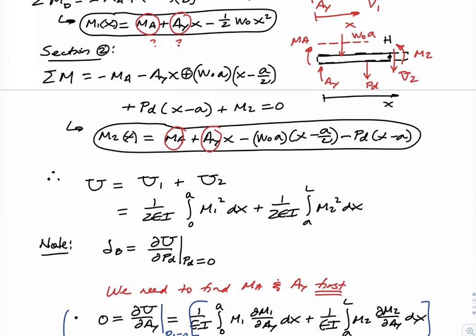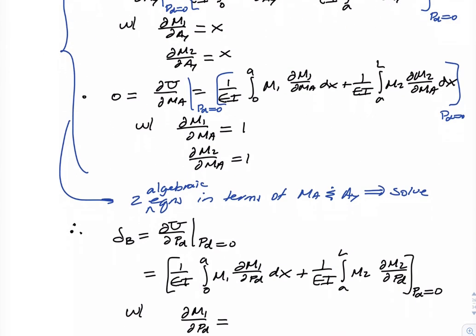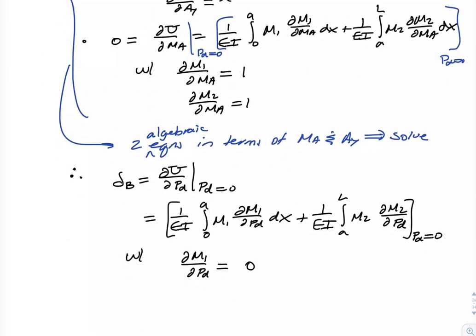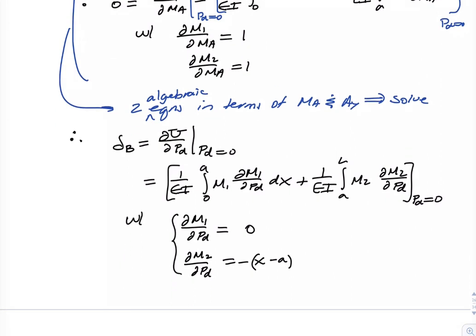Partial M2 with respect to PD is going to be minus X minus A, like that. So now that we already know MA and AY, this will give us a number for the deflection at B.